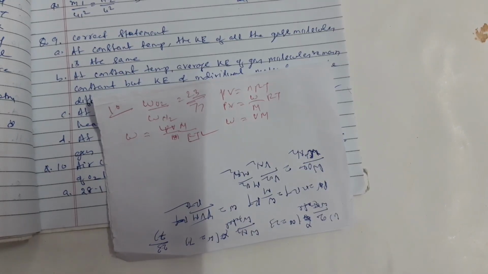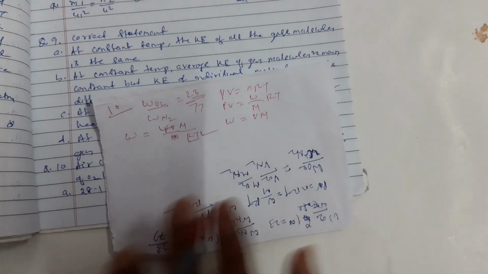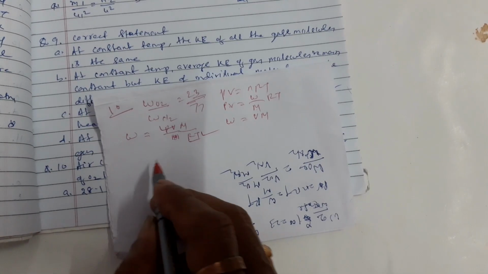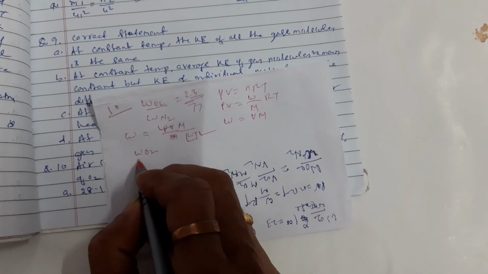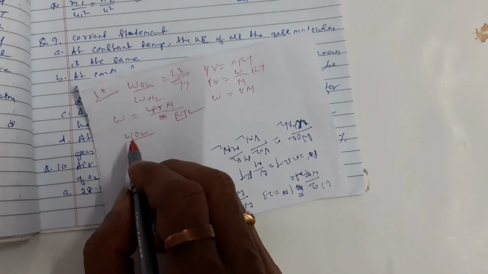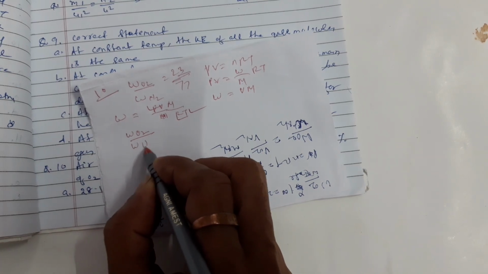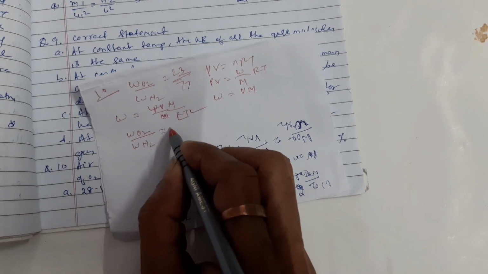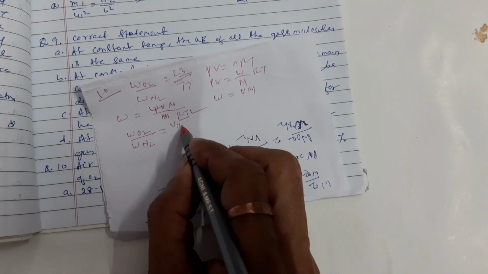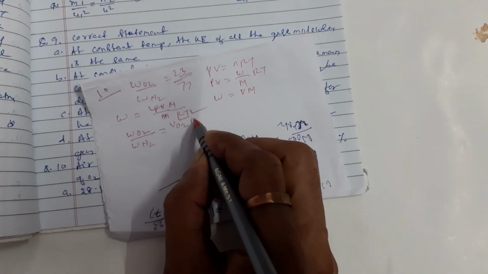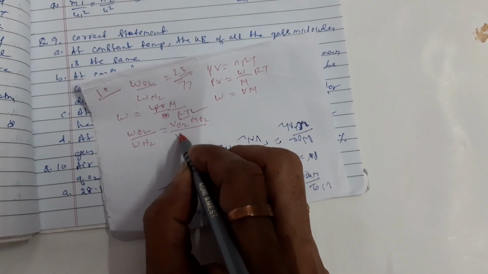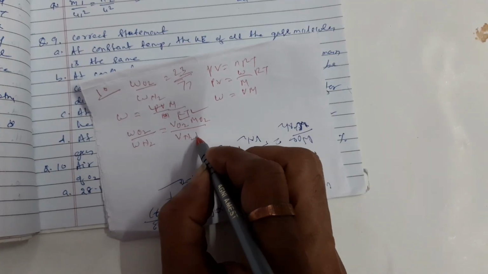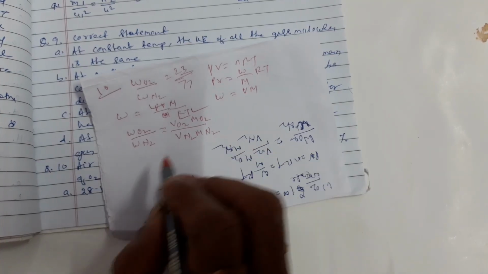Therefore, weight of oxygen divided by weight of nitrogen is equal to volume of oxygen times molecular weight of oxygen, divided by volume of nitrogen times molecular weight of nitrogen.